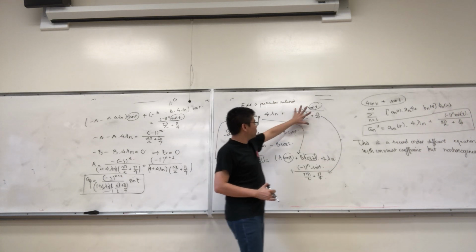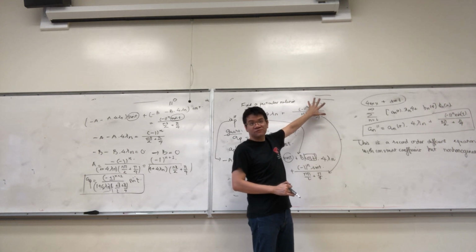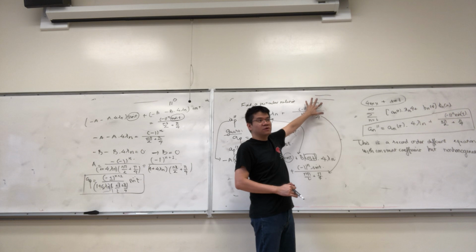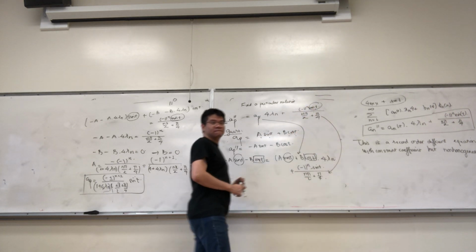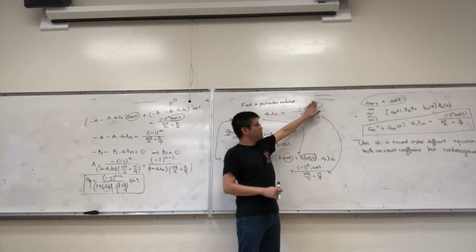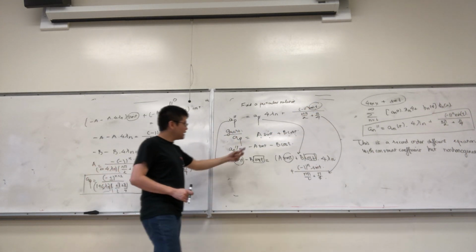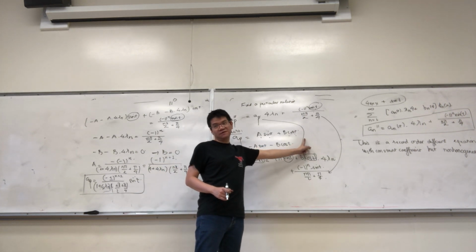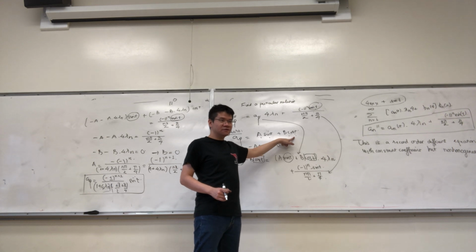The method of undetermined coefficient says the following. In the case that you don't have 0 here, you cannot use the method of characteristic. This is not applicable. In that case, you have to look at the sine and you guess the solution. If here you have sine, you have to guess that the solution has the form a sine t plus b cosine t.